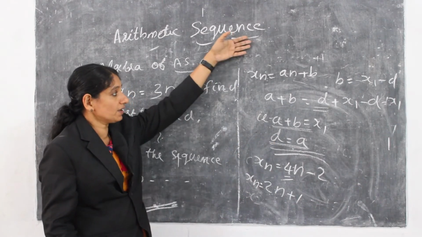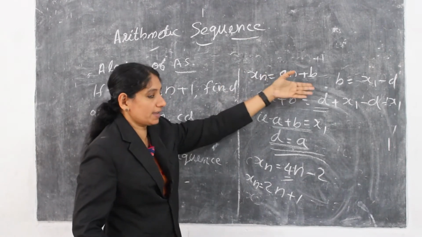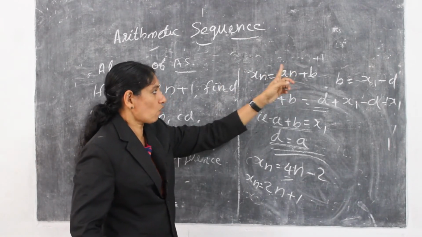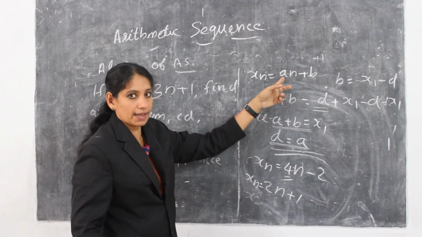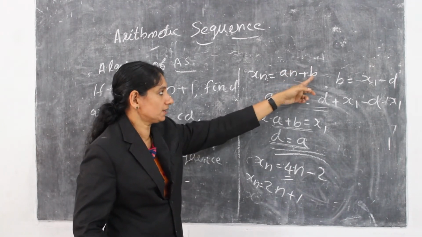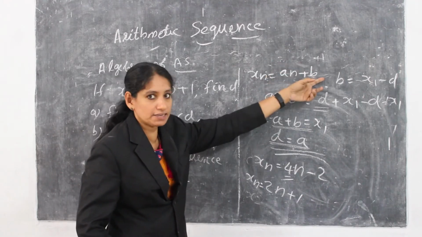That is, if we combine this, xn equal to an plus b, the coefficient of n is the common difference and the first term is the sum of a and b.